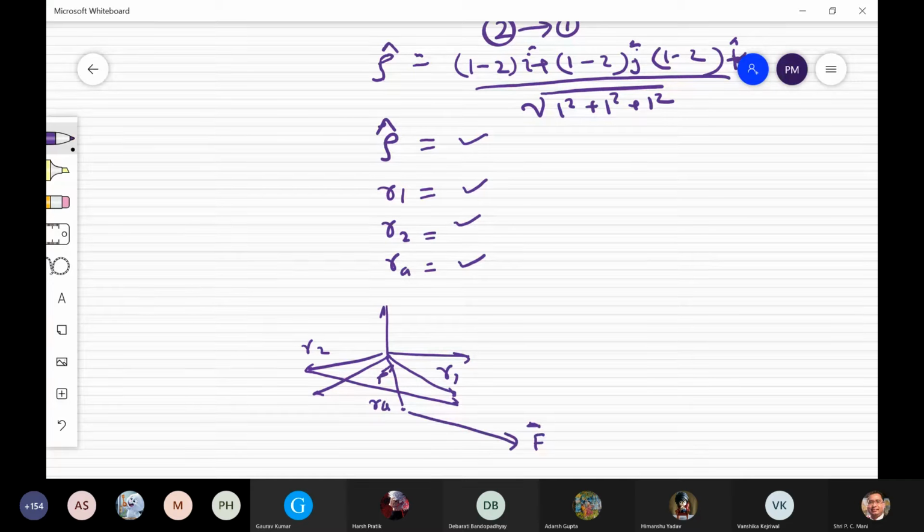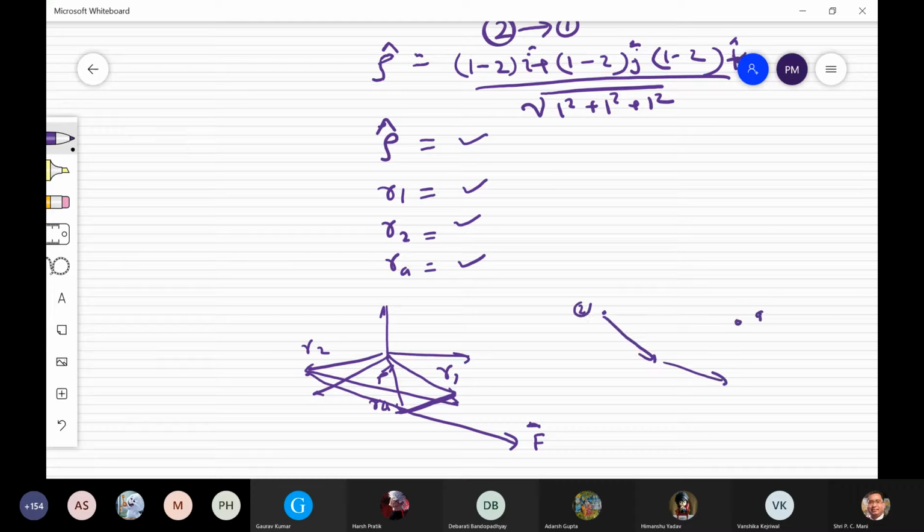Clear? So you just take moment about R1 or R2 first, from point 2 or from point 1. So this is the force.